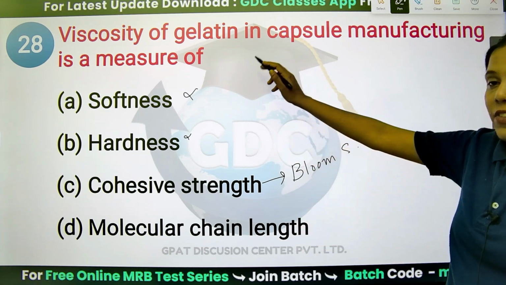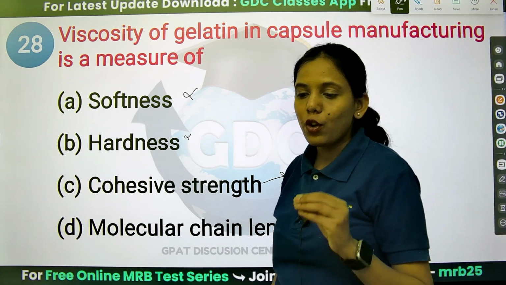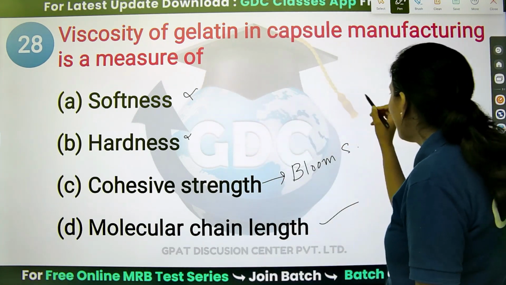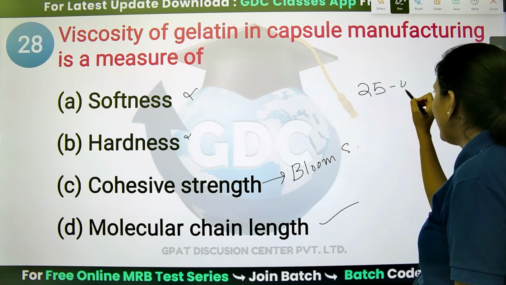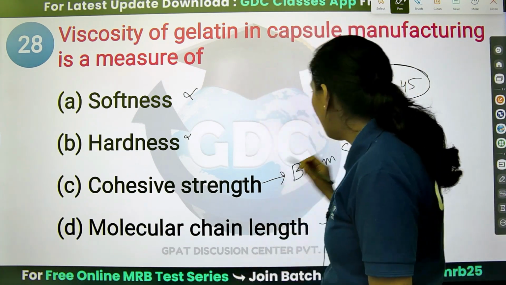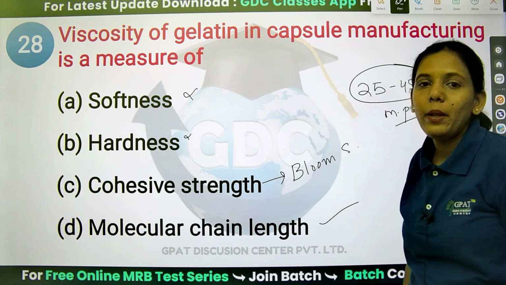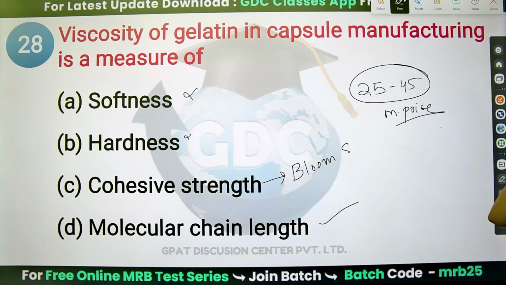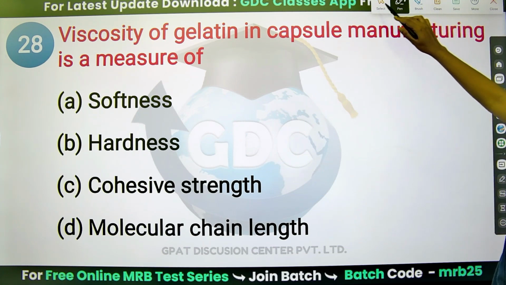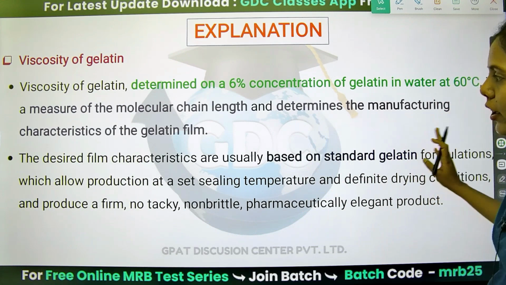But viscosity tells you about the molecular chain length, and it should be between 25 to 45 millipoise. So the ideal unit is millipoise. For viscosity, it should be between 25 to 45. So option D is the right answer, molecular chain length.